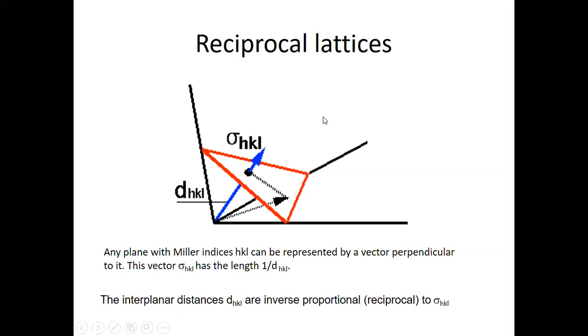So reciprocal lattices are very important because the points of a reciprocal lattice represent the points that define an X-ray diffraction pattern. So there is a direct relationship between the reciprocal lattice that we see as the X-ray diffraction pattern and the real lattice of the crystal.